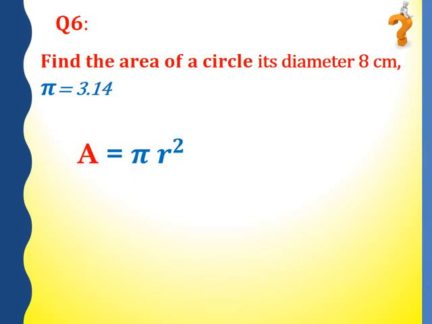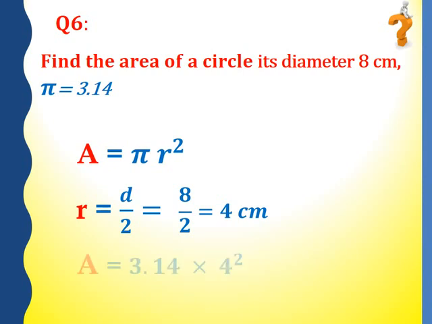I can find the radius by dividing it by 2, so the radius is 8 divided by 2, which equals 4 centimeters. Now I can substitute in the rule: 3.14 times 4 squared, which equals 50.24 square centimeters.